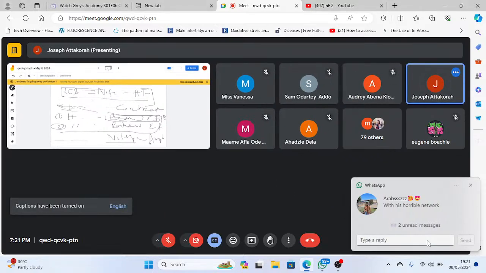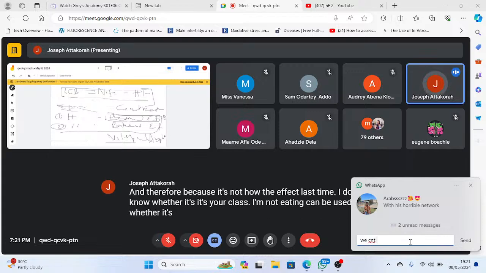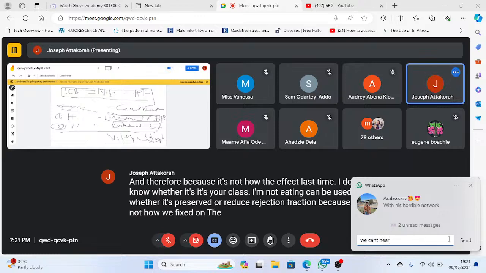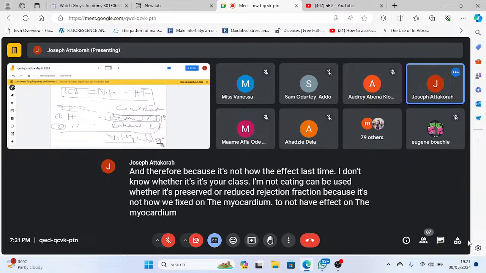Therefore, amlodipine can be used whether it's preserved or reduced ejection fraction, because it will not have effect on the myocardium. Please, is it clear?